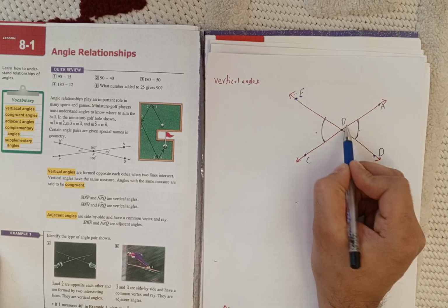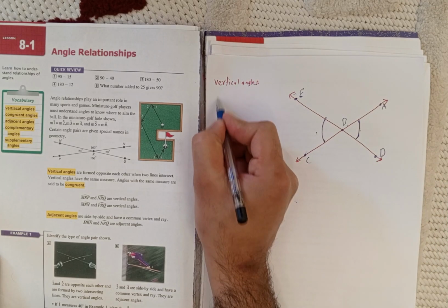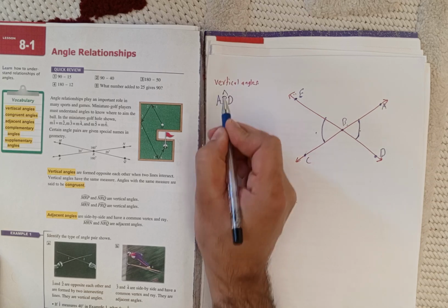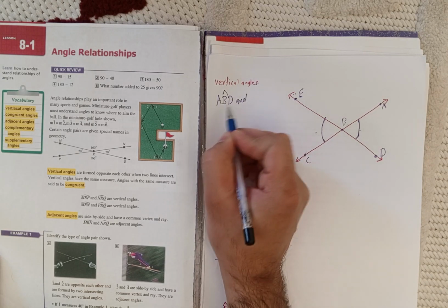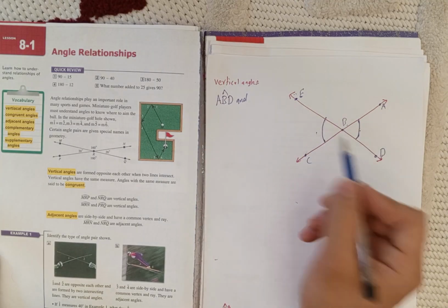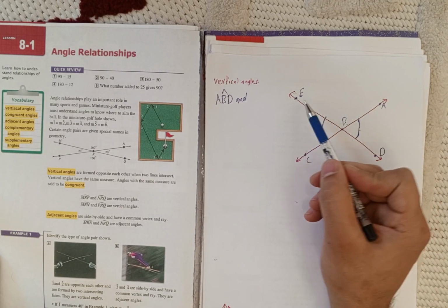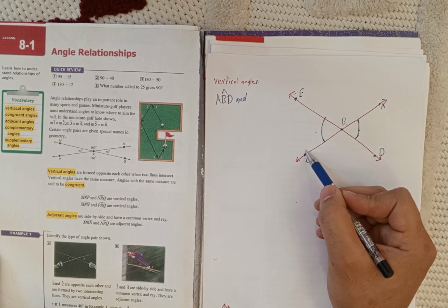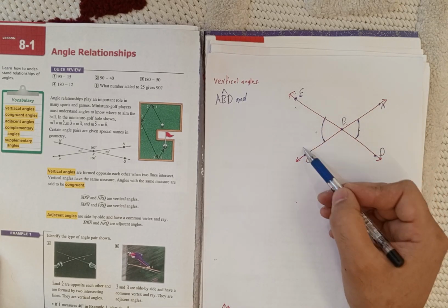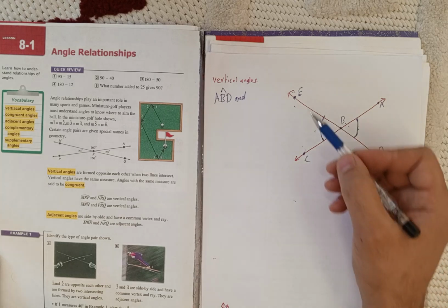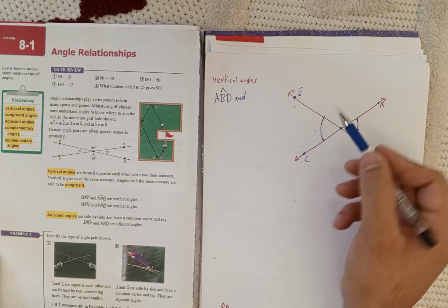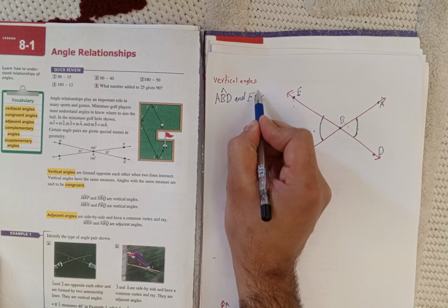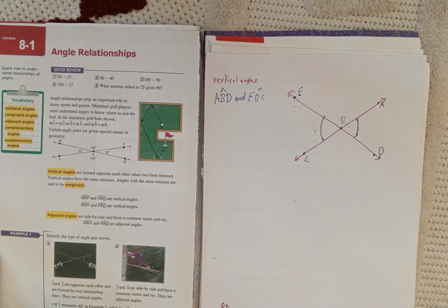A, B, D. So write A, B, D for this angle. And this one is vertical with which angle? C, B, E. Can we say E, C, B? No, it's not correct, because there's no line between E and C. E, B, C. Okay, this is a vertical angle.